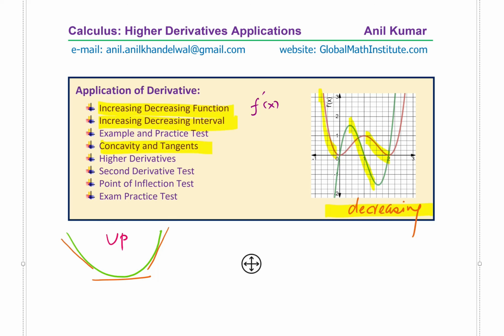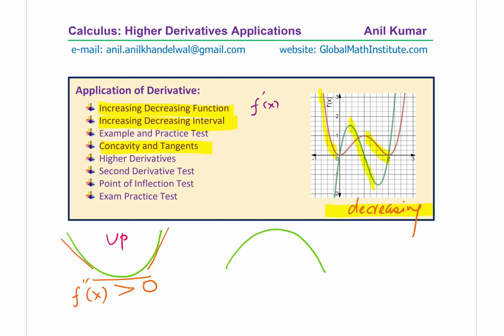And second thing, the second derivative will always be positive. That is what we figured. And if the graph of the function is concave down, in that case, you know that the tangents are above, and the second derivative is less than 0. Correct? So that is kind of important.